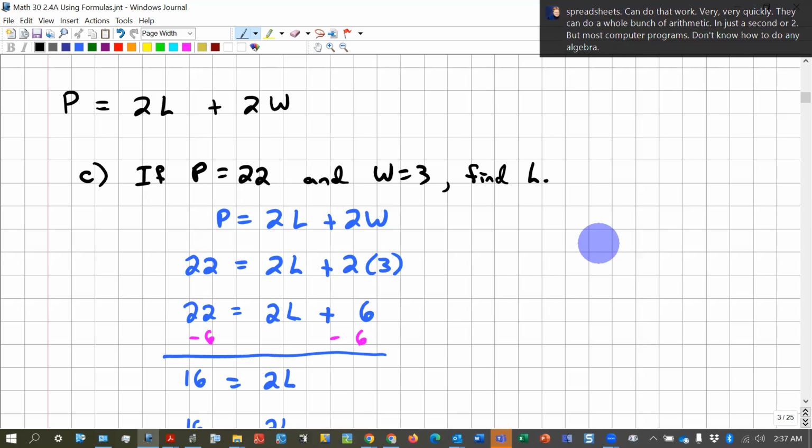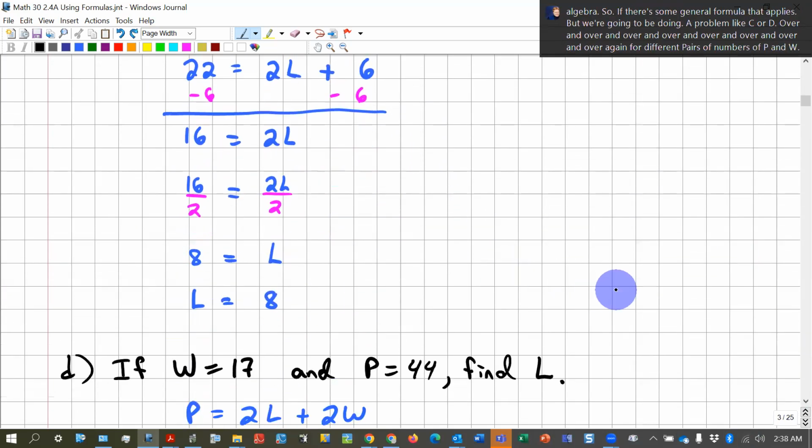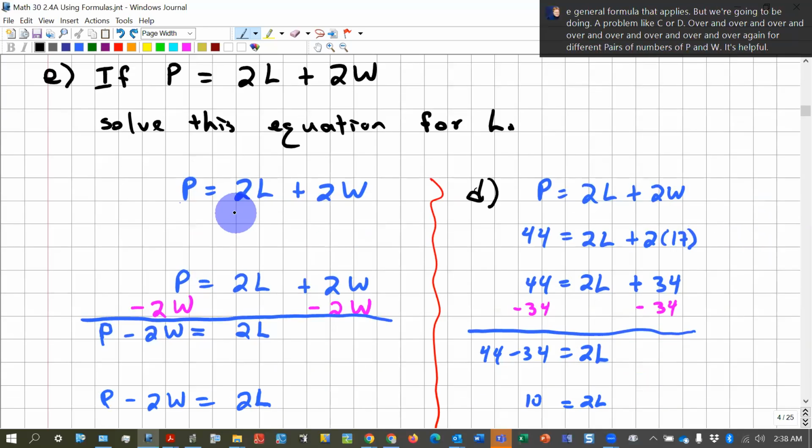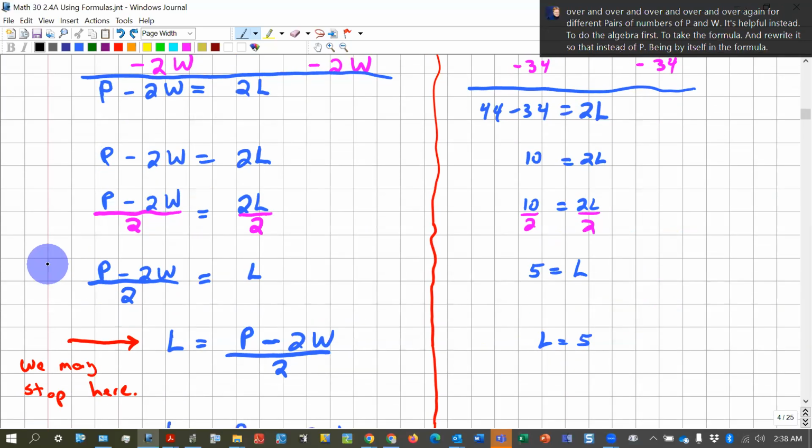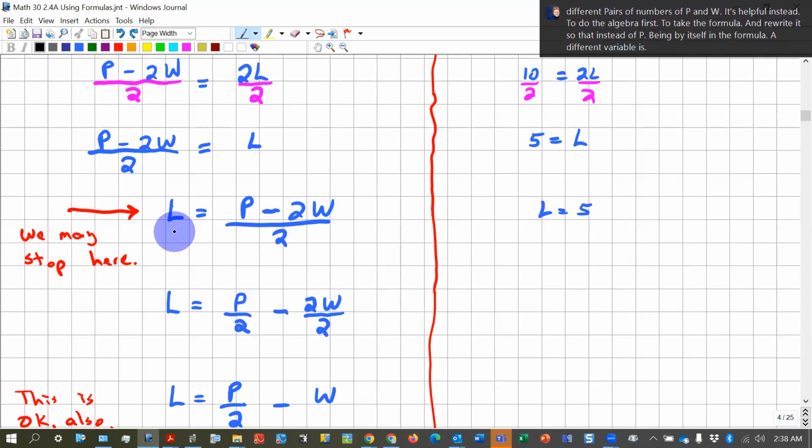So if there's some general formula that applies, but we're going to be doing a problem like C or D over and over again for different pairs of numbers of P and W, it's helpful instead to do the algebra first, to take the formula and rewrite it so that instead of P being by itself in the formula, a different variable is by itself in the formula.